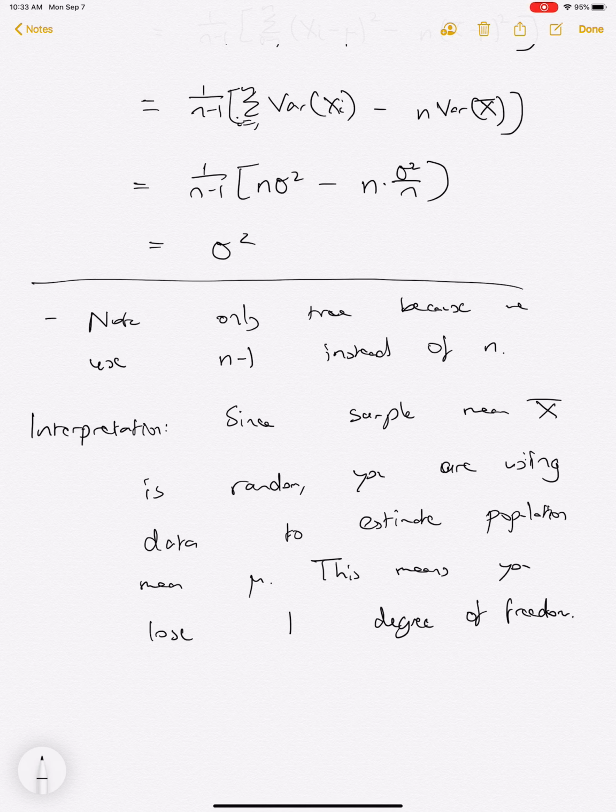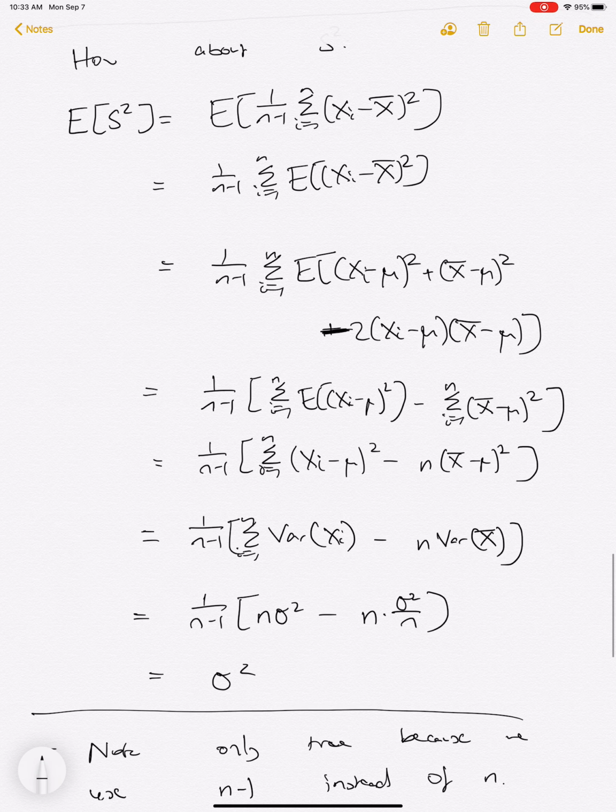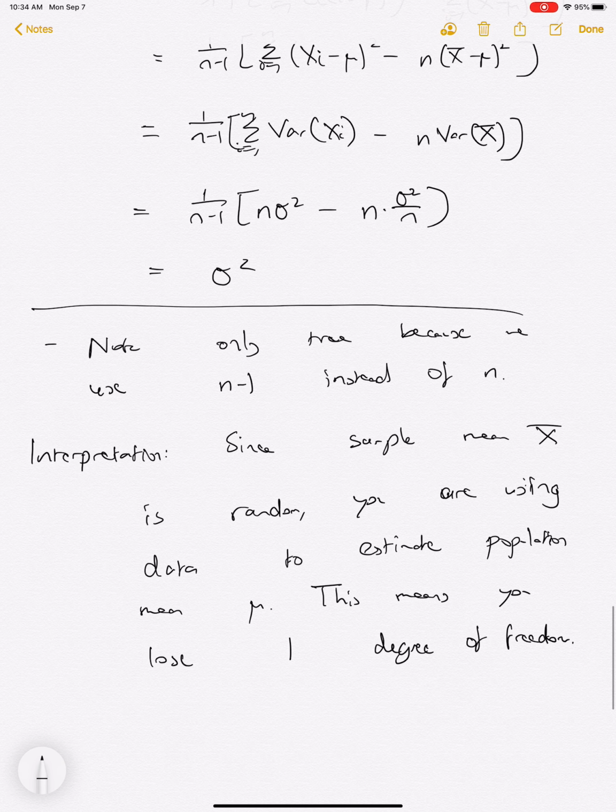You can see in the calculation that x bar depends on the data, and it's not an exact fixed quantity. You have to add and subtract the mu, the population mean, and that makes you lose 1 degree of freedom, because there's some variability due to the sample mean which you have to account for, and this is why you have the 1 over n minus 1 there.